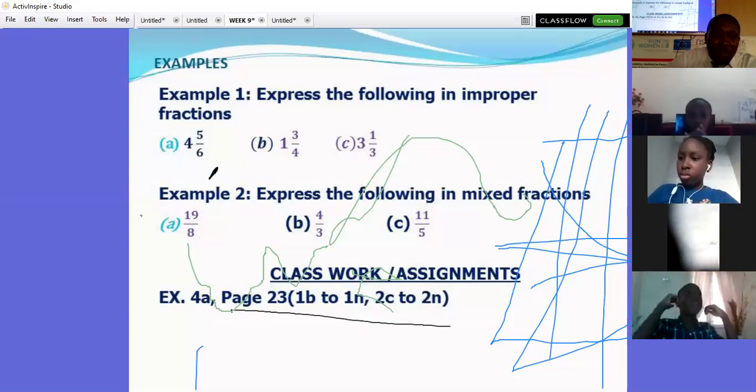We are to change them to improper fractions. So let's look at the first one.